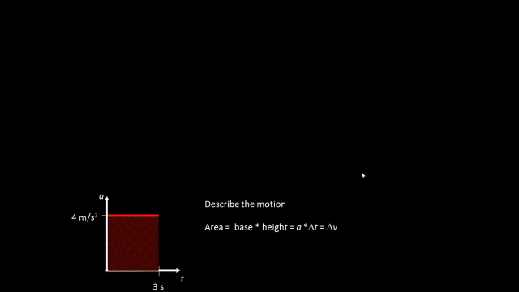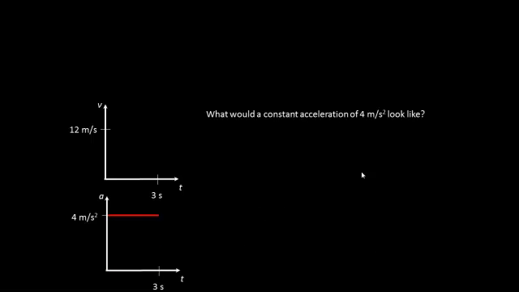Note that a times t is our change in velocity. For this particular case, 4 meters per second squared times 3 seconds gives us a change in velocity of 12 meters per second. Now, what would that look like for the velocity versus time graph?